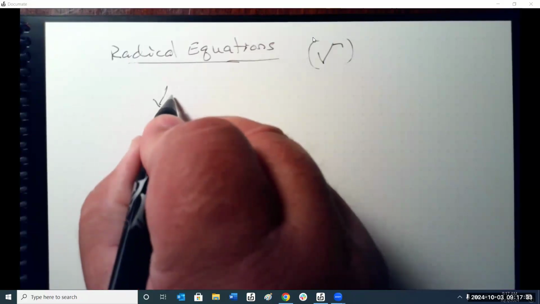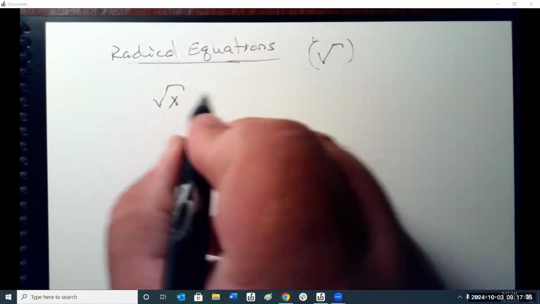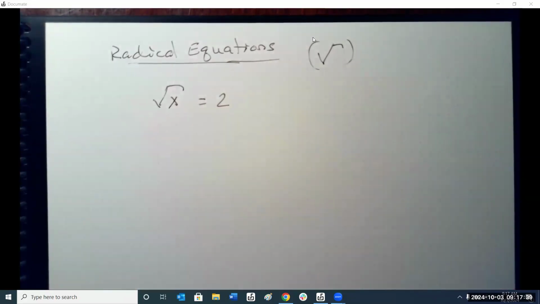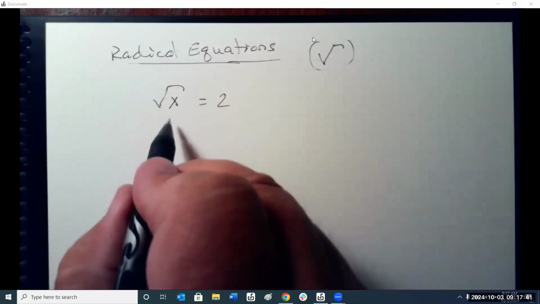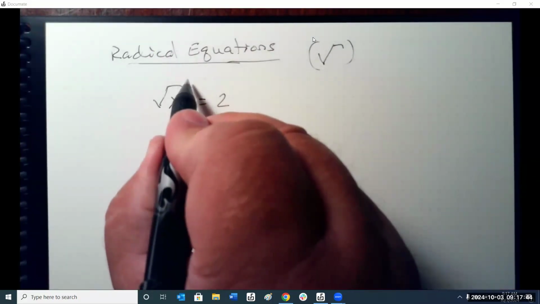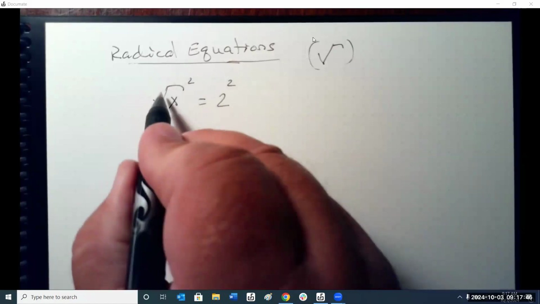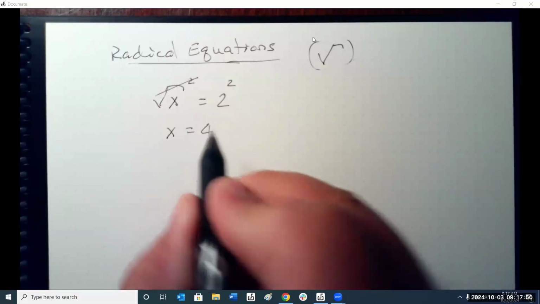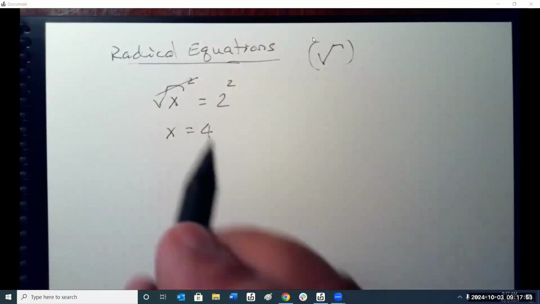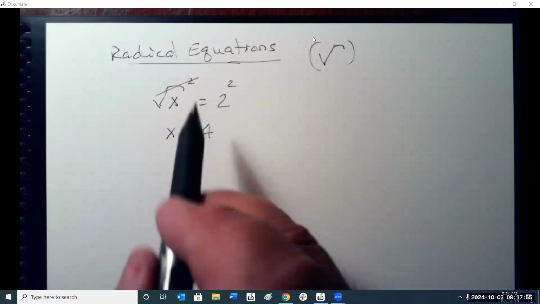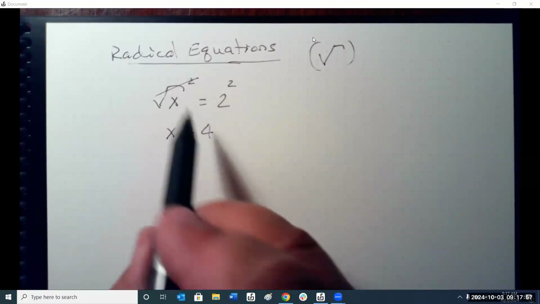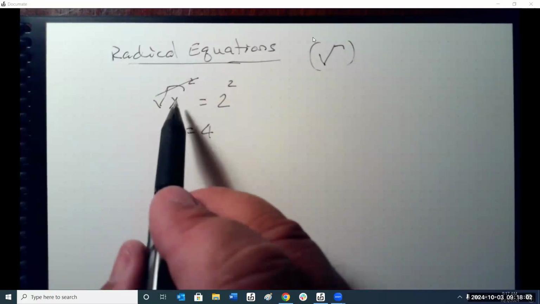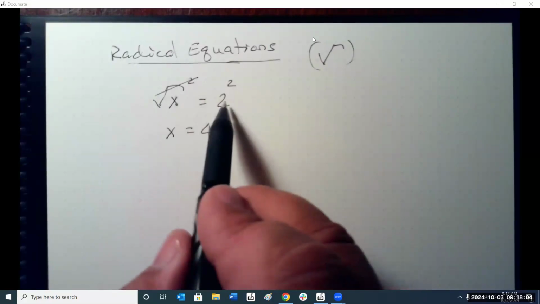We know that if we have square root of x equals 2, to get to the x, we have to square both sides, because the square and the square root cancel. Notice, now since we're going backwards, we're squaring a square root. So the answer is what the answer is. So if x is 4, square root of 4 is 2, check.